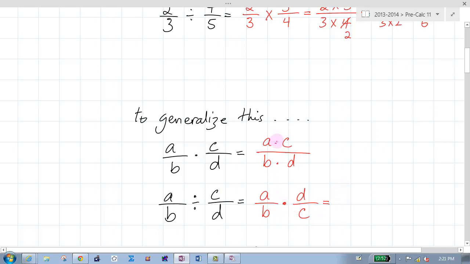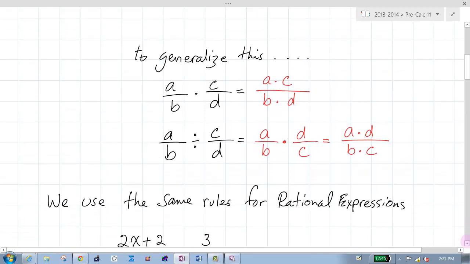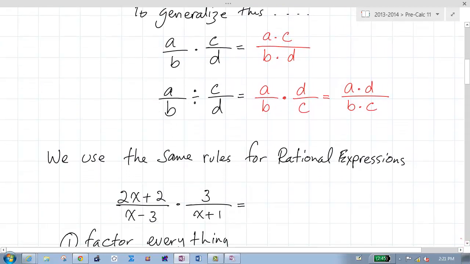Once we've done that, we follow the same rule for multiplication, so it becomes a times d over b times c. So simple enough for fractions, should be simple enough for rational expressions.